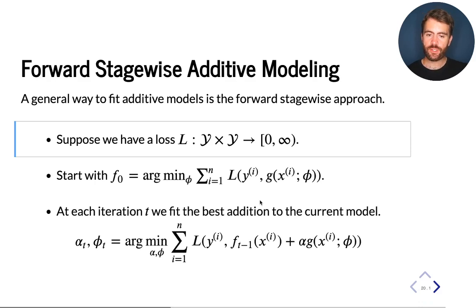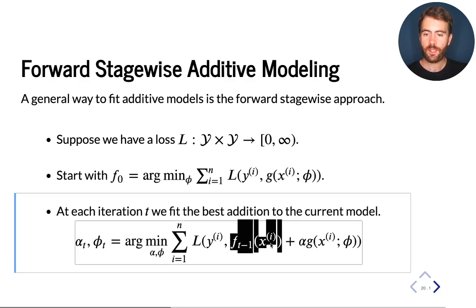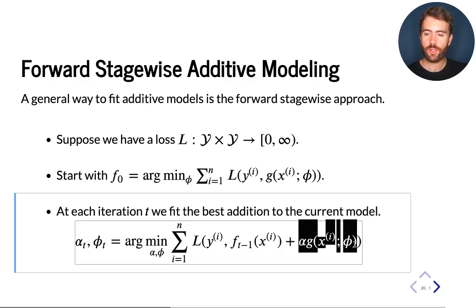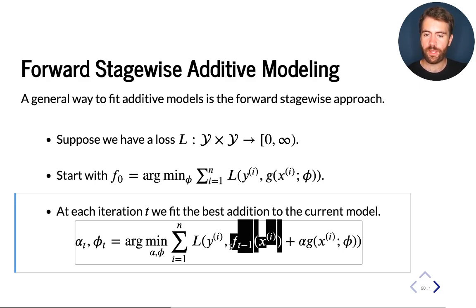Then at each subsequent iteration, I look at my F and the previous models that I have fit, and I put them here. And now I consider the model in which I have added this new instance alpha times g of phi to all the other components of my additive model, which are here. So this is already a sum over t minus 1 additive submodels.